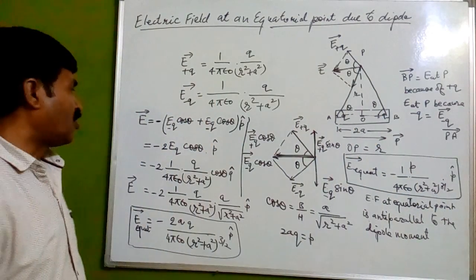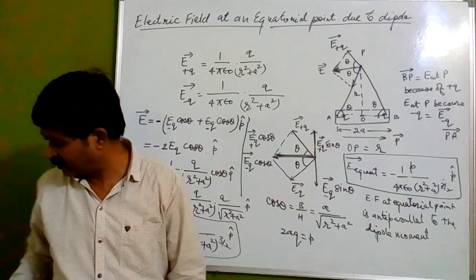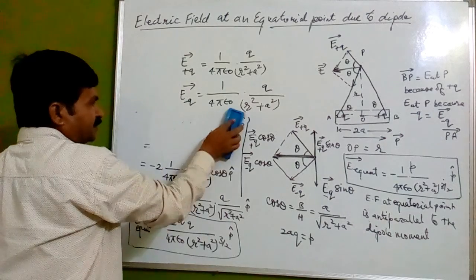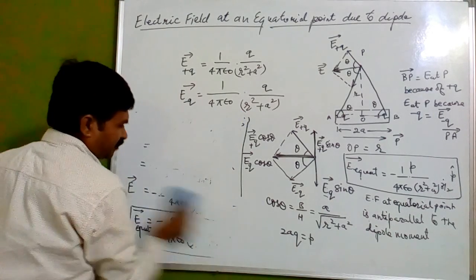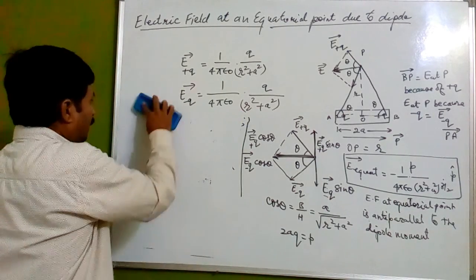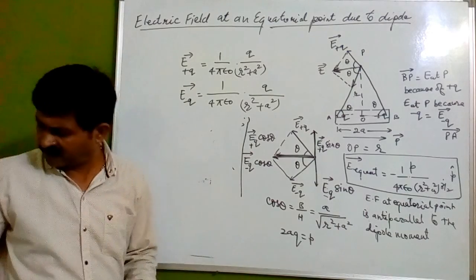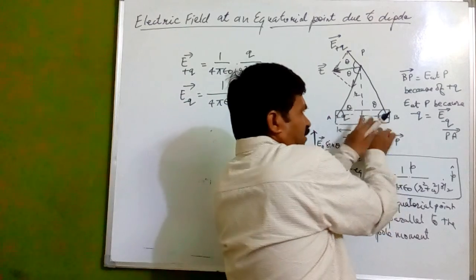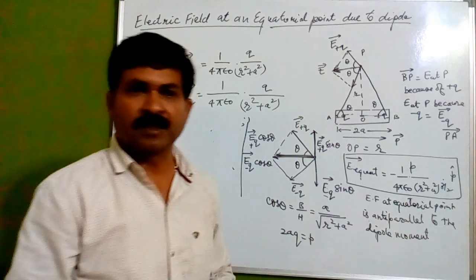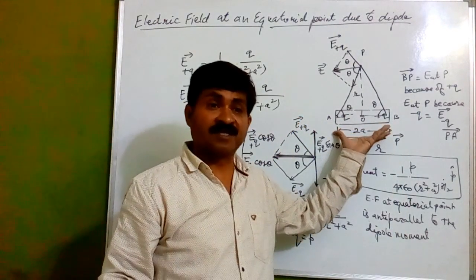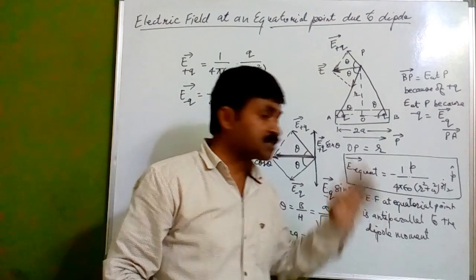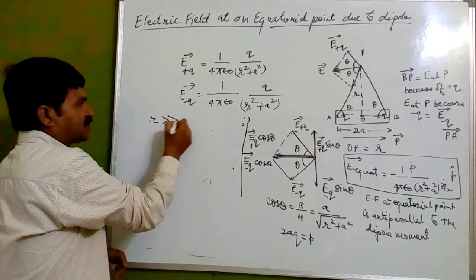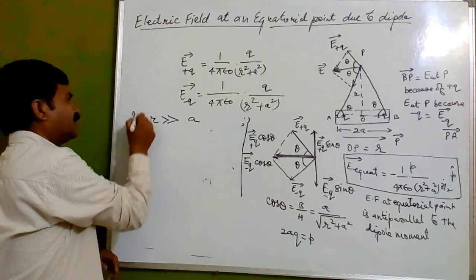Now if we go through the expression which we have got, again we assume this distance is a very small separation. If this separation is very small and r is on the higher side, meaning r is much greater than a, let us see what will happen.